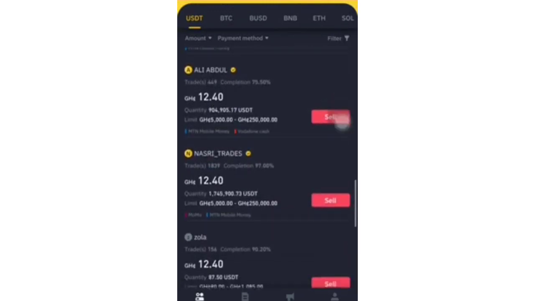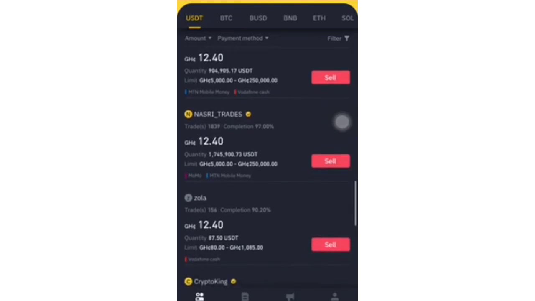So you have to check when you want to make the trade. You look for somebody who is ready to pay a higher amount of money, and someone whose limitation meets your own limitation, maybe if you don't have too much money. This is what you need to look at.